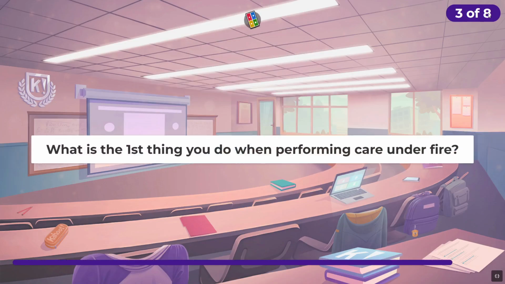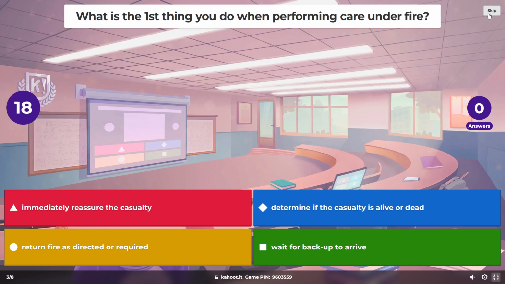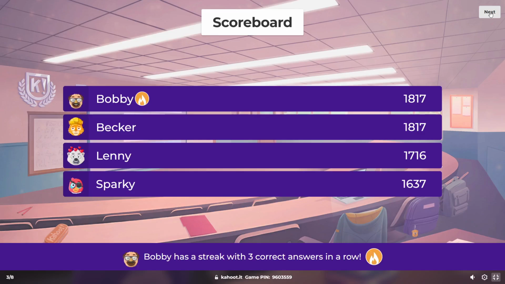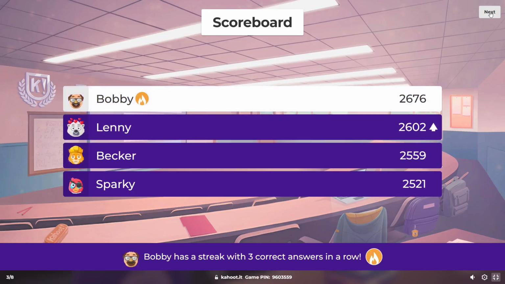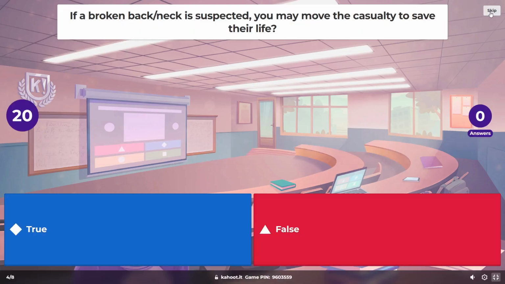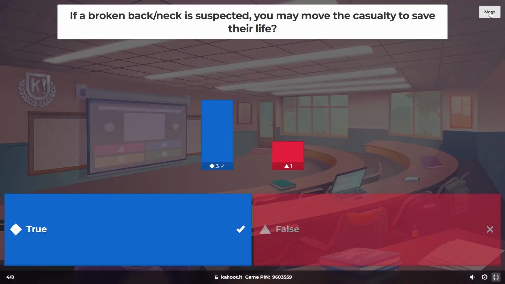First thing you do when performing care under fire. Hey, fight back. Okay, broken back or neck. Can you move the casualty? Right. So if it will save their life, you can do it. If not, you leave them.